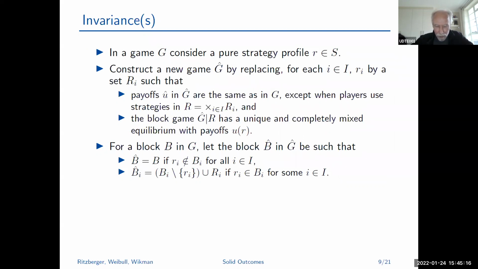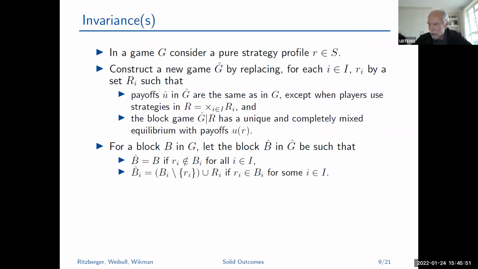If you have an extensive form game, and you look at a particular terminal node, and then replace this terminal node by a subgame, which is such that the subgame has a unique and completely mixed equilibrium that gives exactly the same expected payoffs as the terminal node would have given. Right? If we do this transformation, then our solution should not be affected.